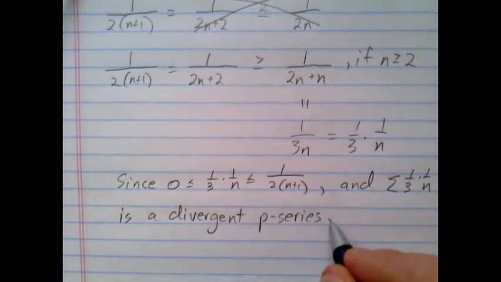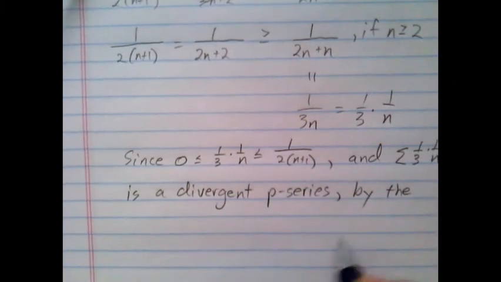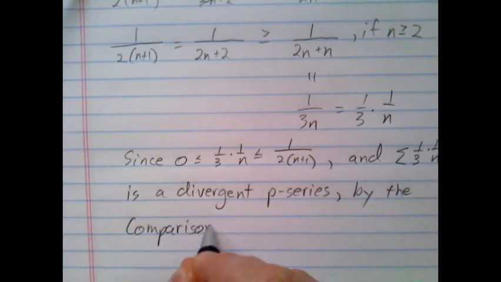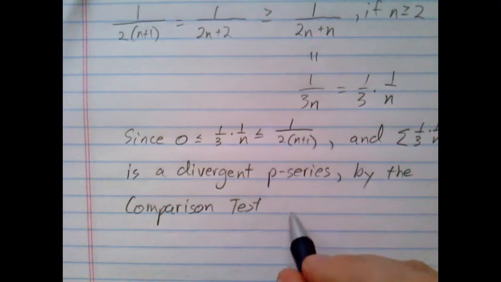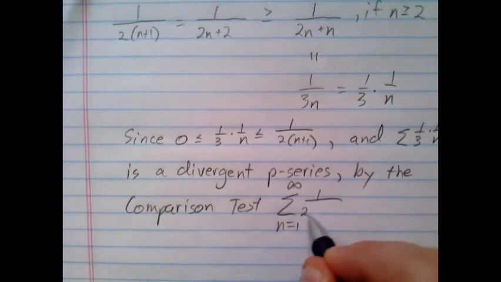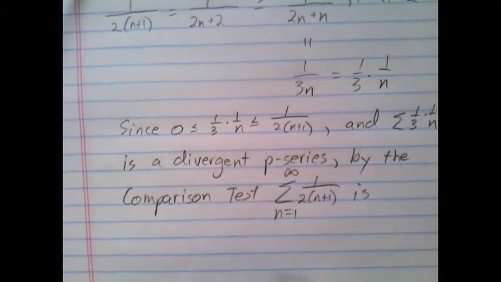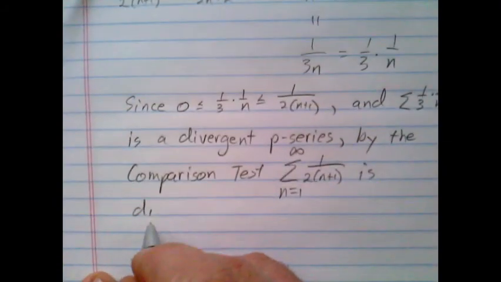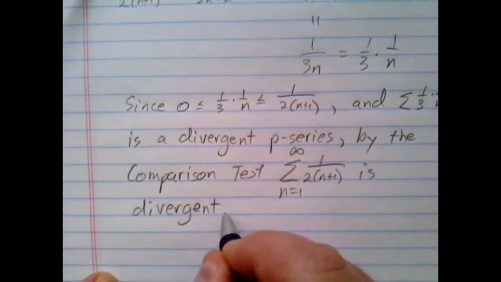By the comparison test, our original series that we were testing is divergent because its terms are bigger than the terms of a divergent p-series.